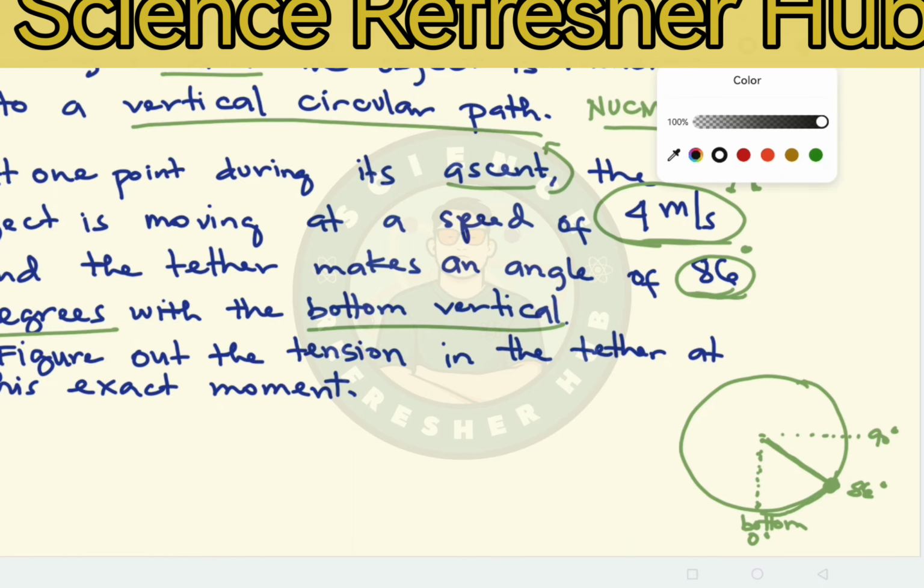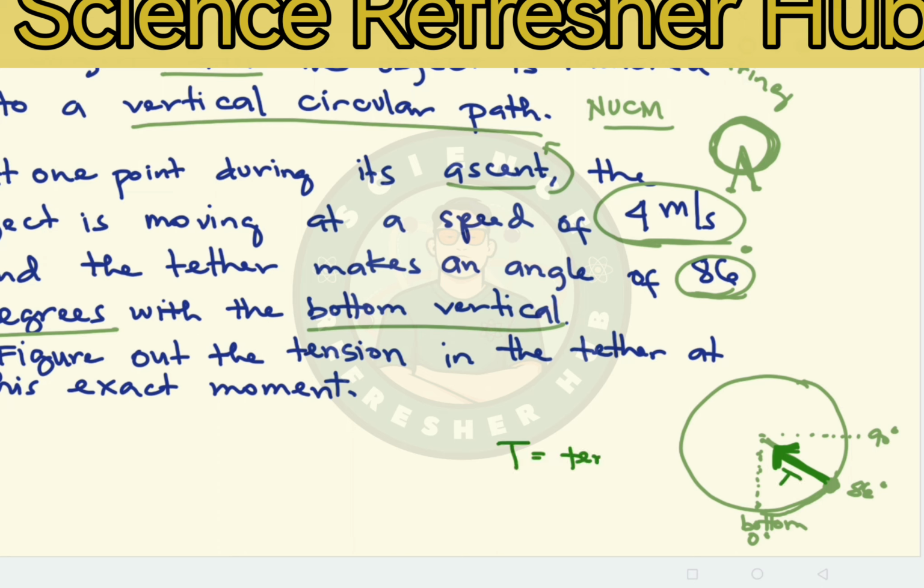As we all know, there is a tether force here towards the center generating the centripetal force. Since it involves a string or rope, the tether itself is a string or a rope, so this is going to be our tension force. T means our tension. The tension produces the FC, or the centripetal force.